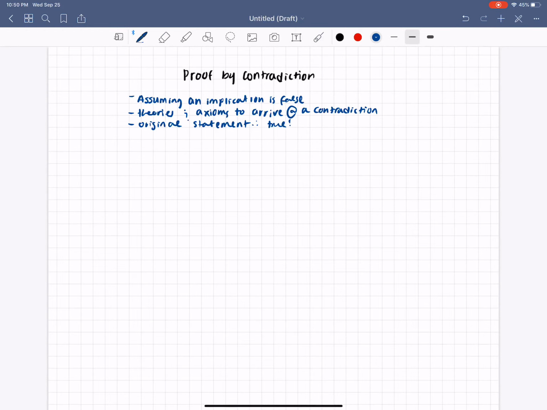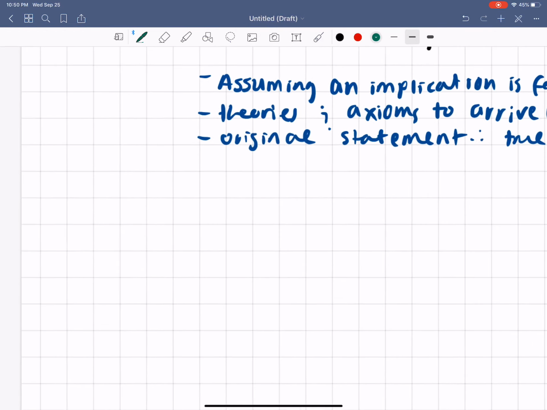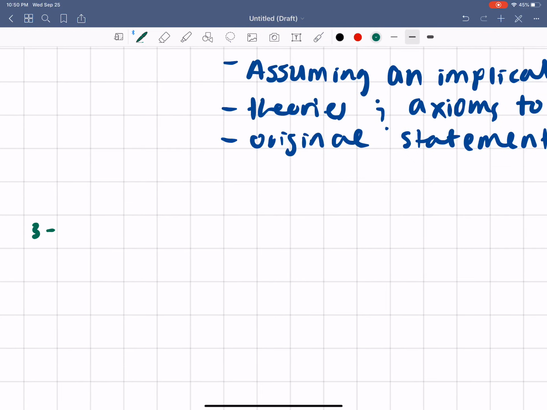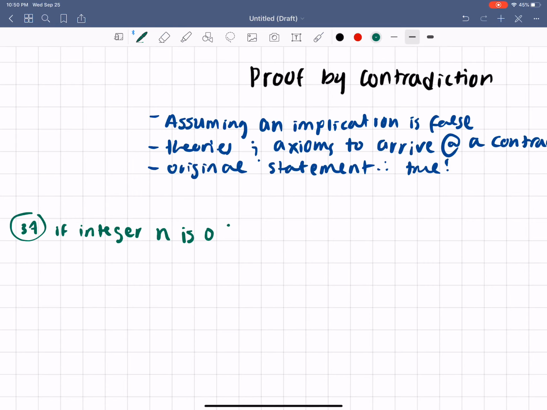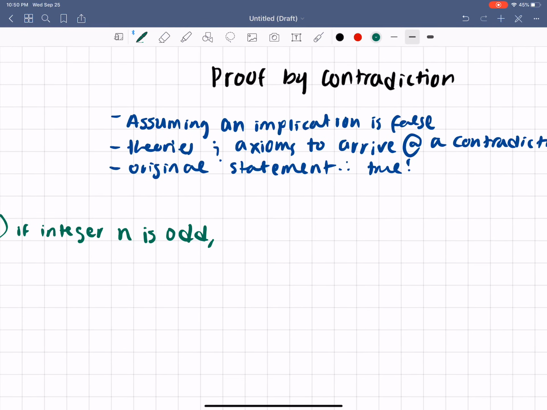Let's do a pretty easy example. Let's say if integer n is odd, then n squared is also odd.